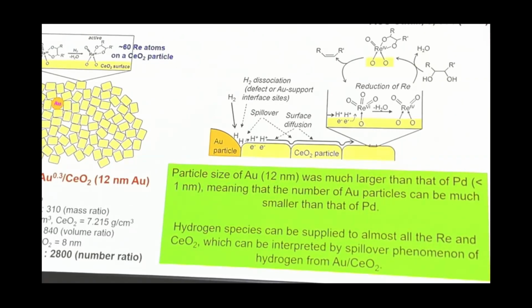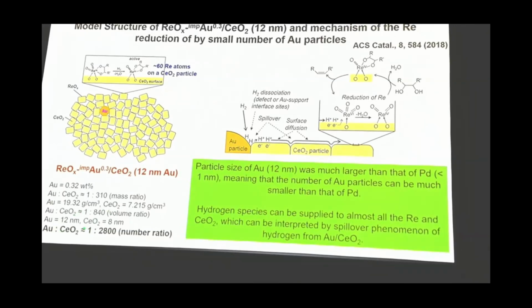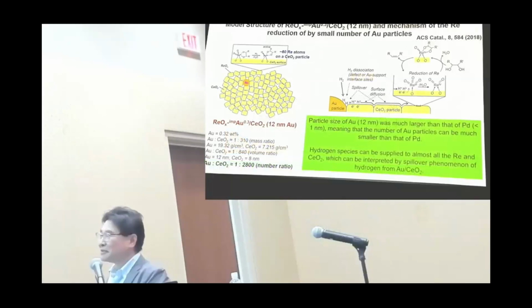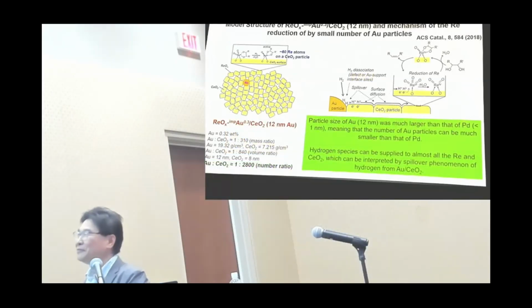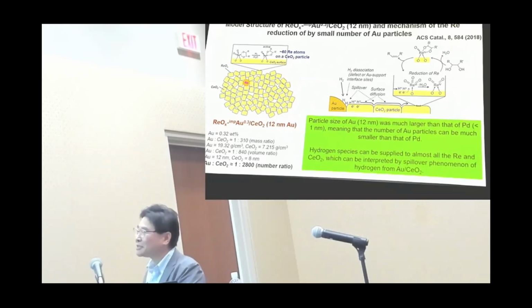But the important point is that the number of the gold particles is so limited. For example, the ratio is 1 to 3,000. Therefore, the number of gold particles is so limited, but almost all the rhenium species can be active. Therefore, we are thinking that the hydrogen can be diffused to almost all the rhenium species by hydrogen spillover like this.